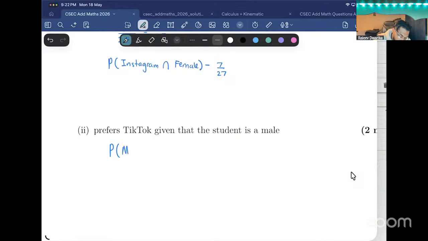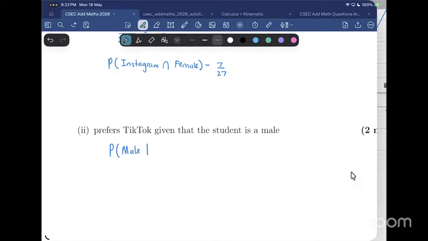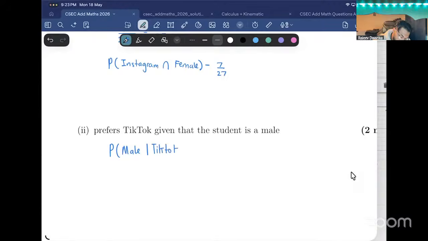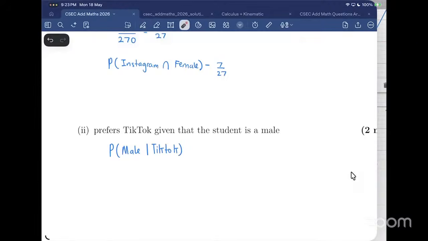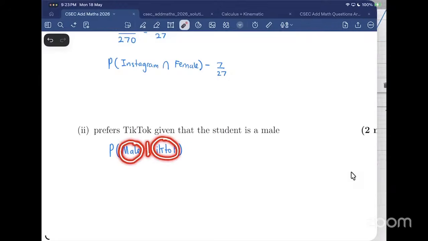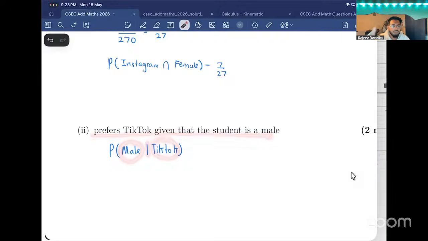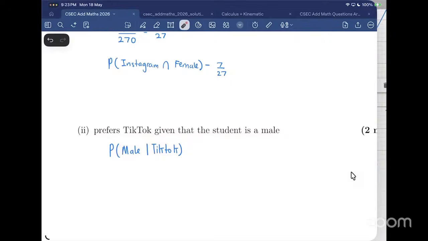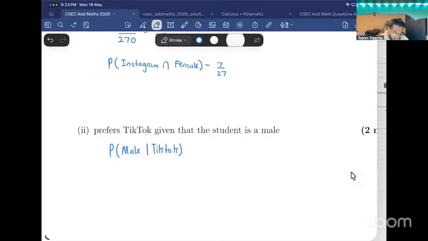I'm going to show you how you write that. Wait, why is it flipped? I will explain. You see this notation over here? This notation asks, what is the probability of them being a male given that TikTok? Which is what the statement said. They said prefers TikTok given that the student is a male. Oh no, I messed it up.